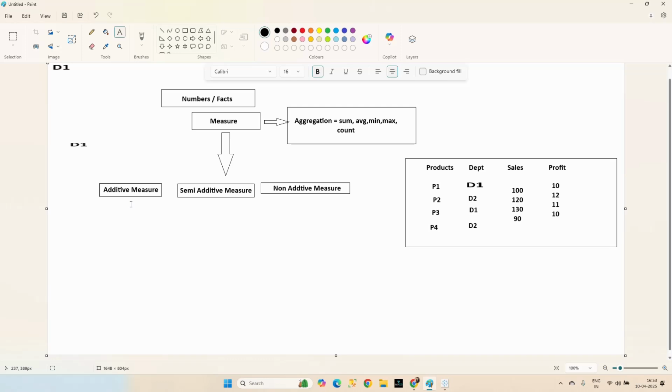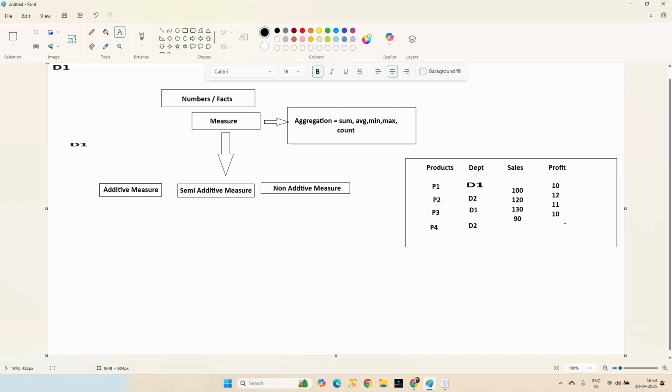If the measure is giving meaningful output after applying all the aggregations on the list of dimensions, then it is known as additive measure. In this table, we have products P1, P2, P3, P4 and two departments, D1 and D2.